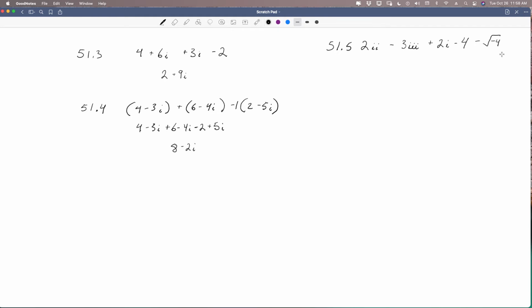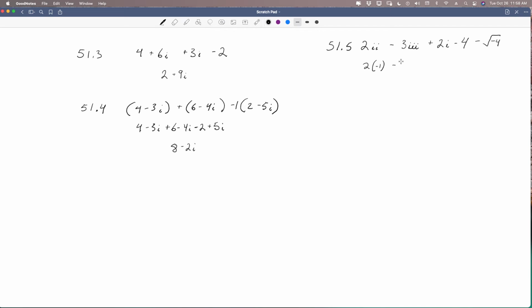All right, so let's logic through this. We know that i is the square root of -1. So it stands to reason, as we talked about before, that if we have 2 i's, then we have the square root of -1 times the square root of -1, which should equal -1, and it does. So if you have 2 i's, you can pair them and turn it into a -1.